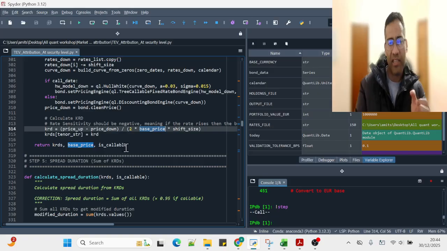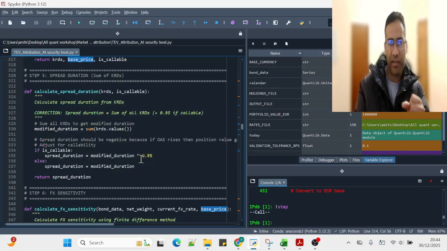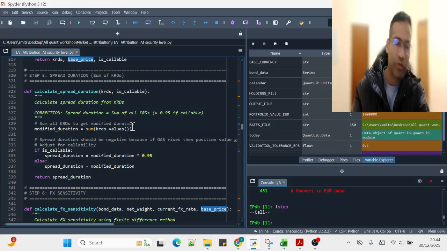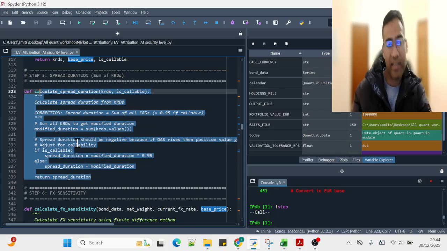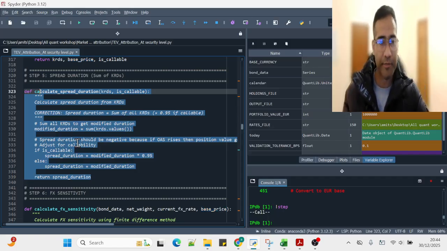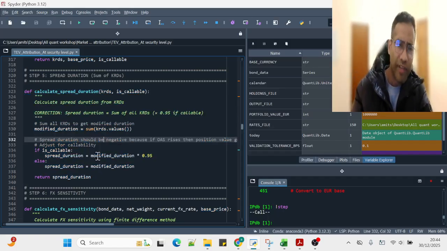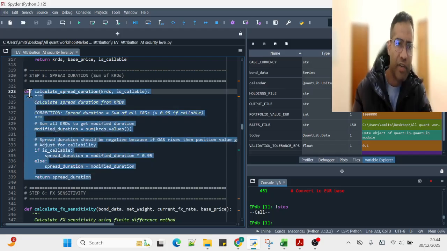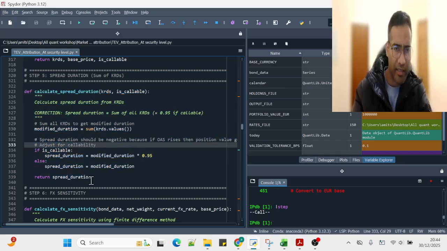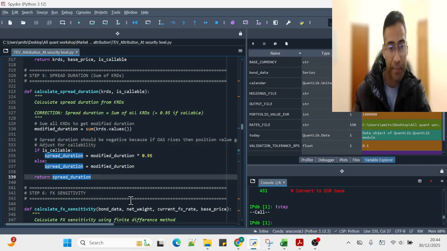So the formula and methodology remain the same, even if you want to dig further into the credit spread. Now you have two sensitivities, one for rates, which is KRD, and one for credit spread.